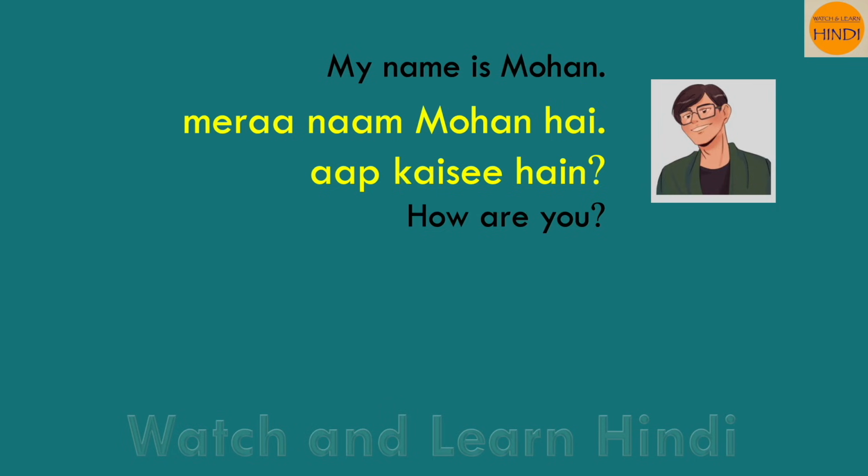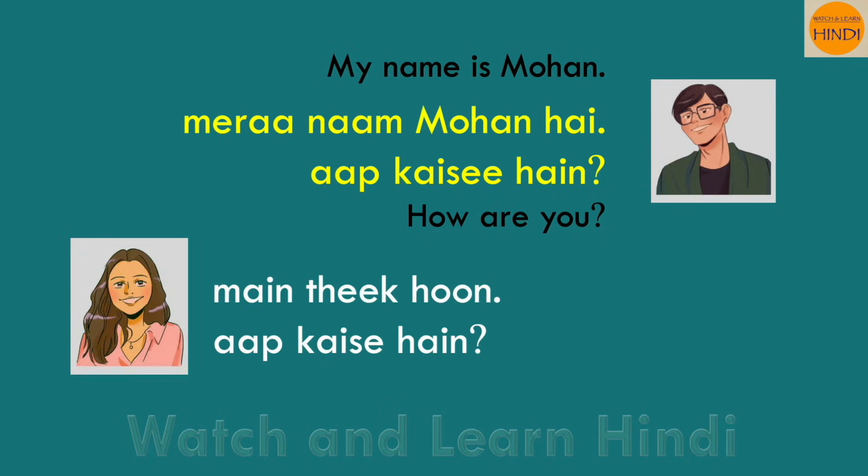So, aap kaisi hain? How are you? Maya says, मैं ठीक हूँ, which means I am fine. ठीक can be fine or okay, so it can also mean I'm okay. And then she asks, आप कैसे हैं? Which means how are you?